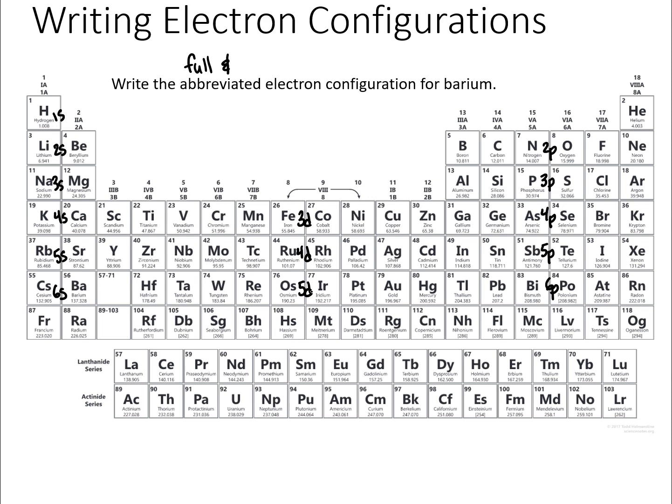So I've labeled each of the sublevels so you can read along. We always start with the 1s. How many electrons can I fit in the 1s sublevel? We can fit 2. By the way, this is what we're going for, barium, with 56 electrons.